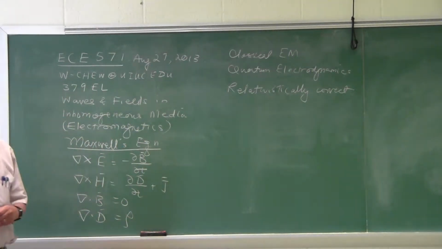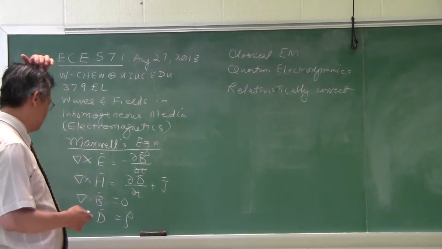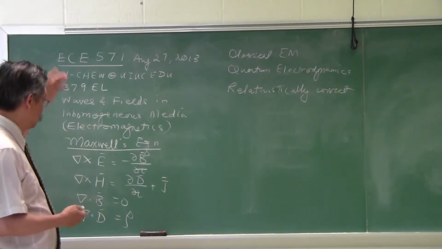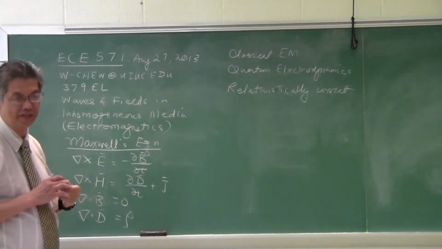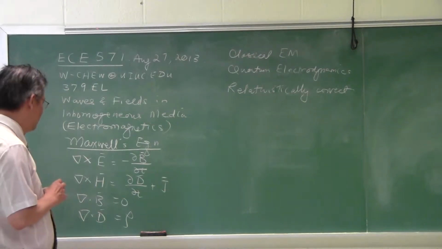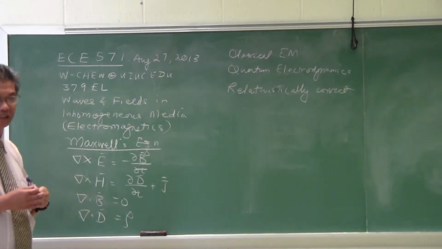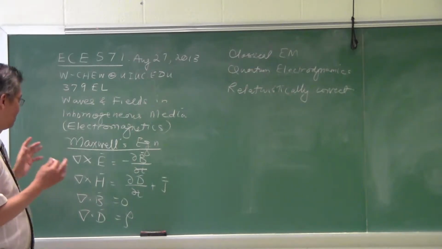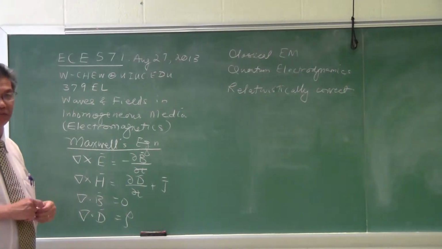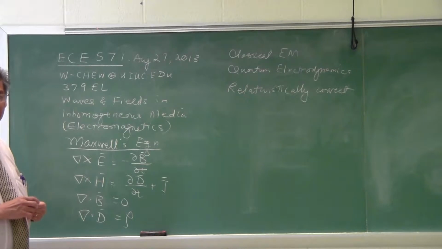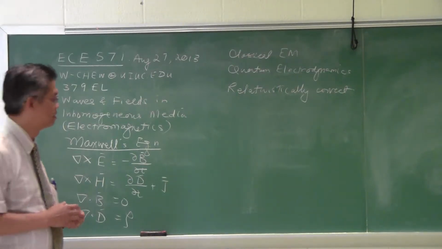If you go to a different inertial frame, you will have to have different kinds of laws, but these four equations remain the same no matter what. Say you're in a spaceship that travels close to the speed of light, and in that spaceship, these four equations remain the same. It doesn't matter how fast you are traveling.